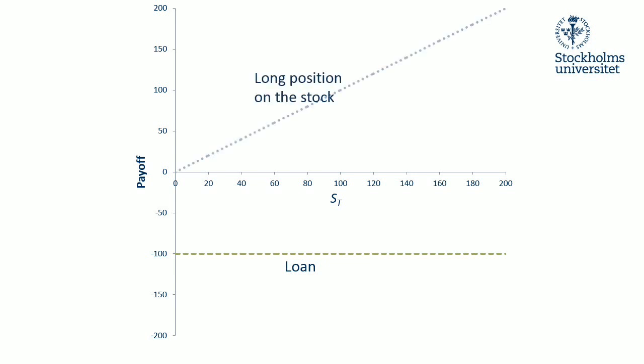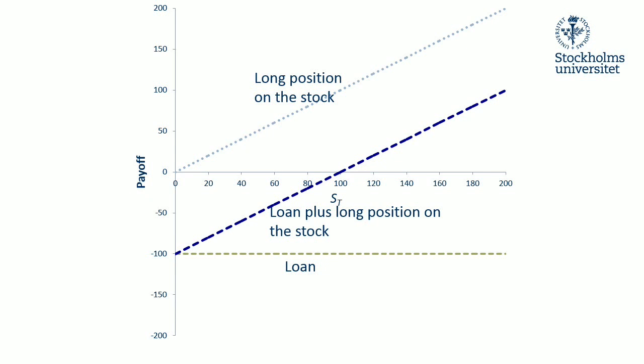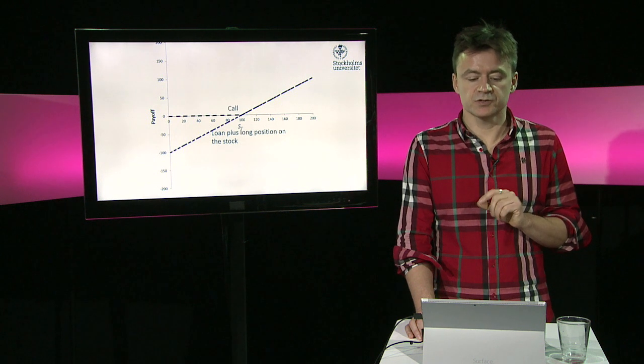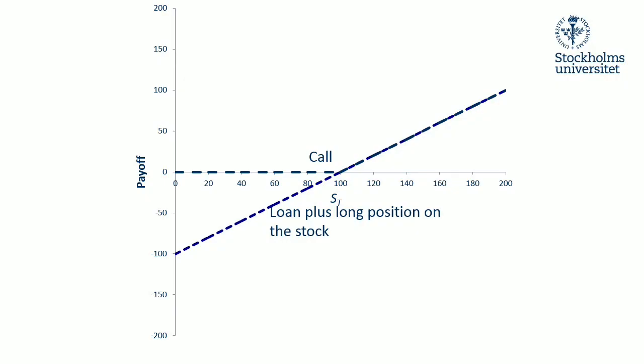And the payoff of having done that is exactly that. The combined payoff of these two actions is that one. Now, what is the payoff of the call? We know that the payoff of the call with the strike price 100 is just that.